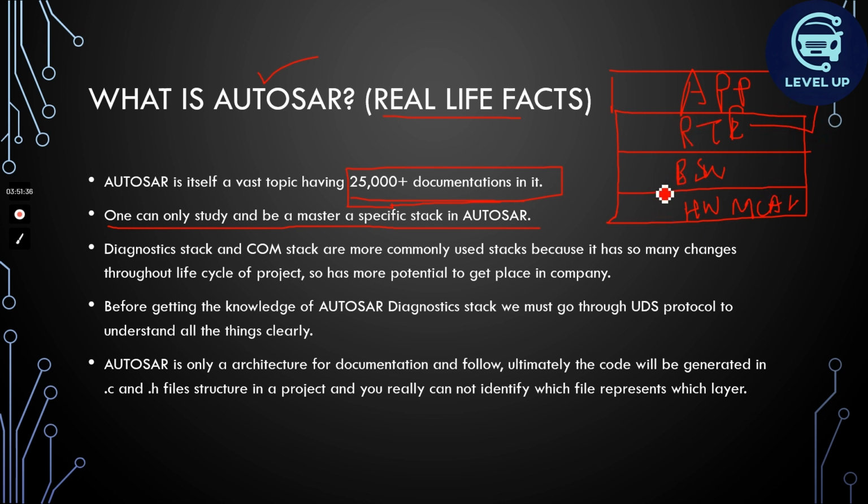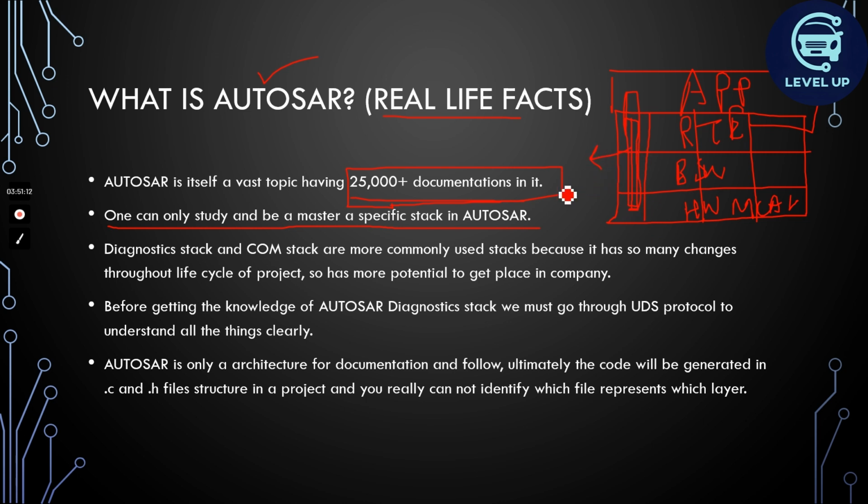Let's say these are the three layers. This is the layered architecture of AUTOSAR, but there are also vertical divisions of these stacks. These layers are vertically divided as well. When we divide it vertically, this vertical section is a combination of the application, RTE, BSW, and MCAP.